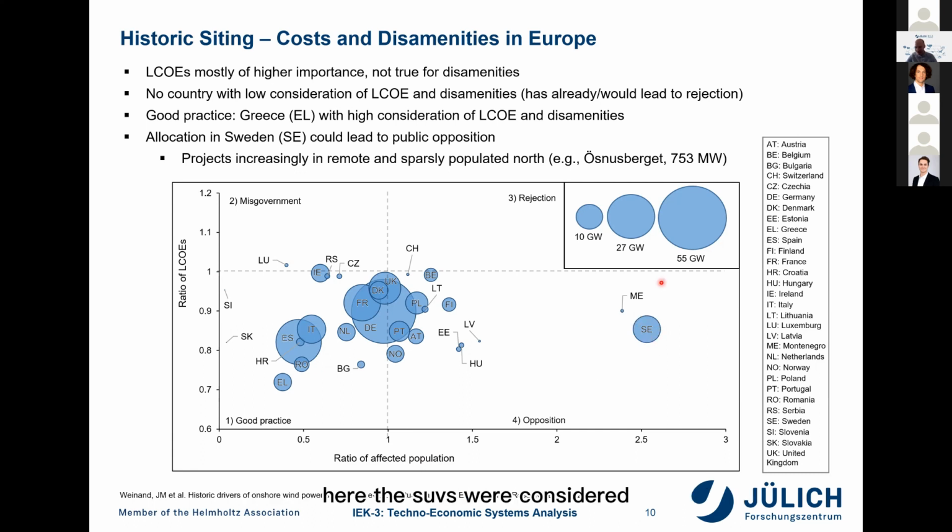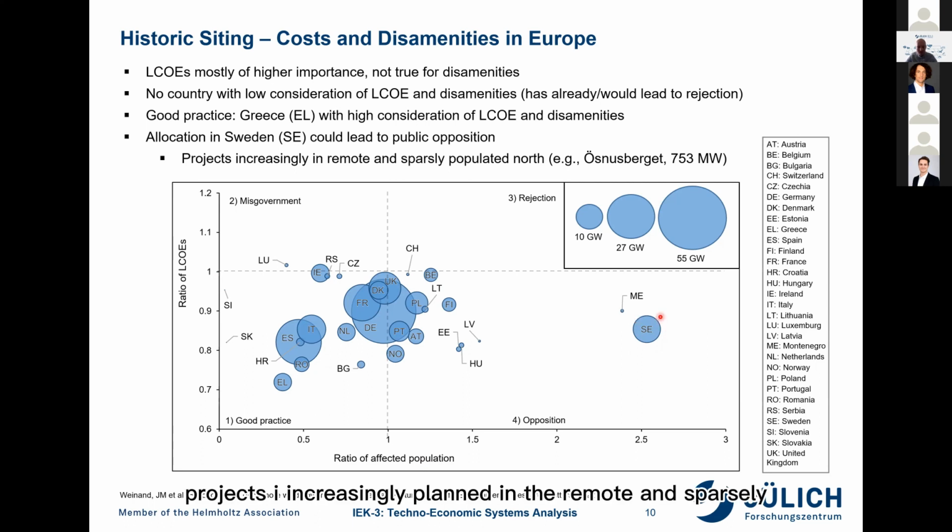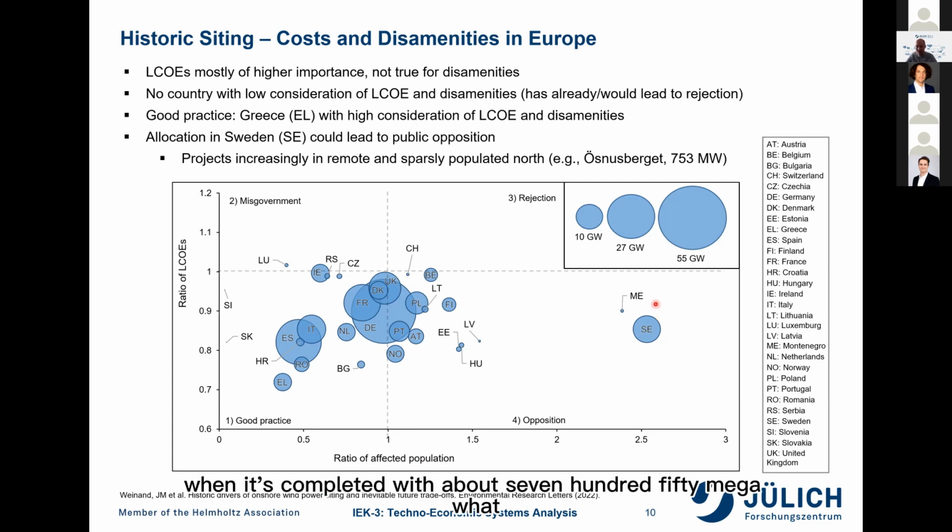Here the LCOEs were considered, but the affected population by the turbines seems to be of lower importance. And here the ratio is quite high. But also for Sweden, we see that projects are increasingly planned in the remote and sparsely populated north. Like the Ösnosberget wind farm project, which will be the largest single onshore wind farm when it's completed with about 750 megawatt.